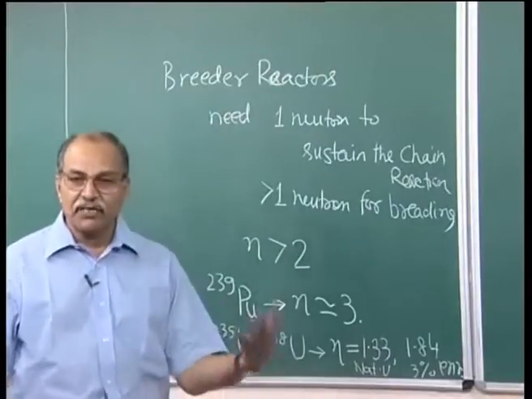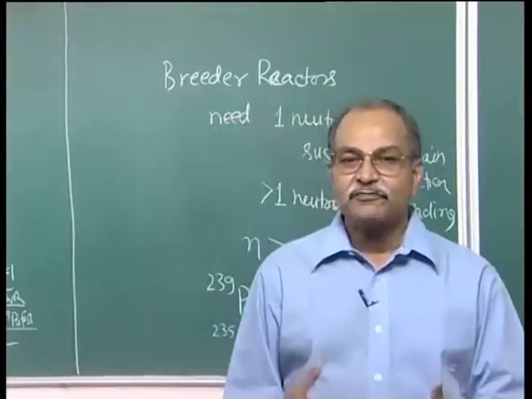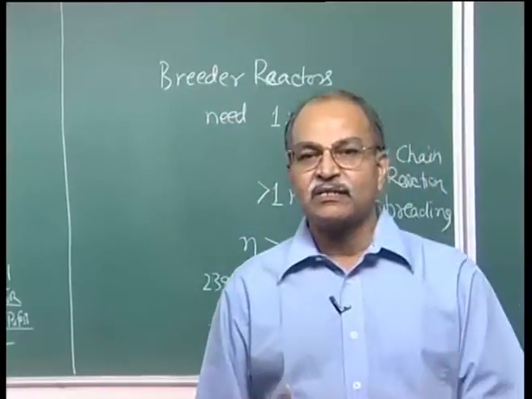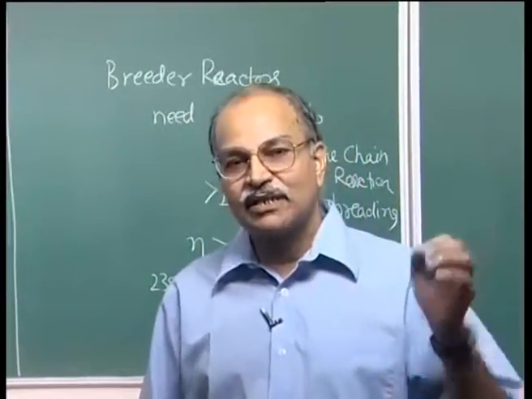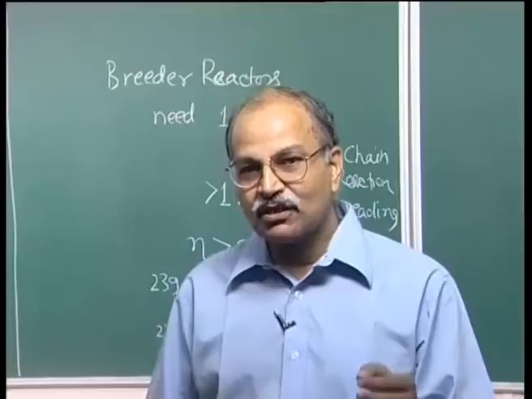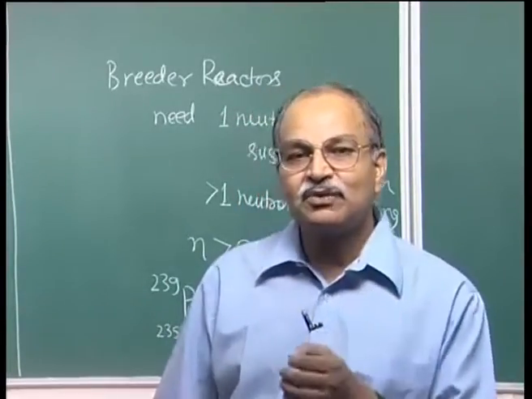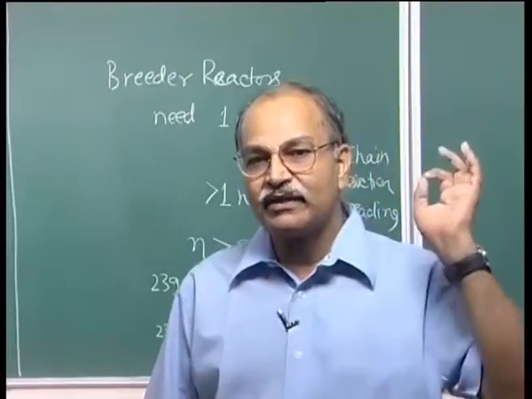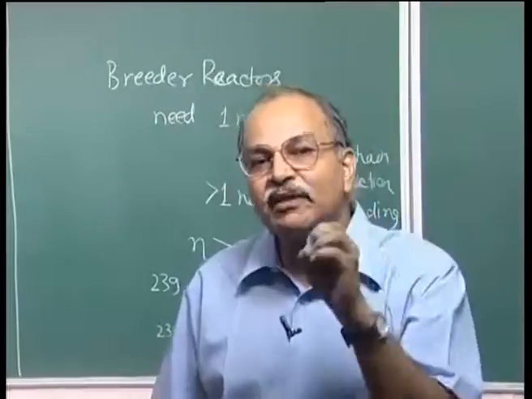Now, this thermalization, low kinetic energy of neutrons, moderation, all these things were for uranium reactors, because the cross section of fission for uranium 235 is very high, 500-600 barns at these thermal energies.